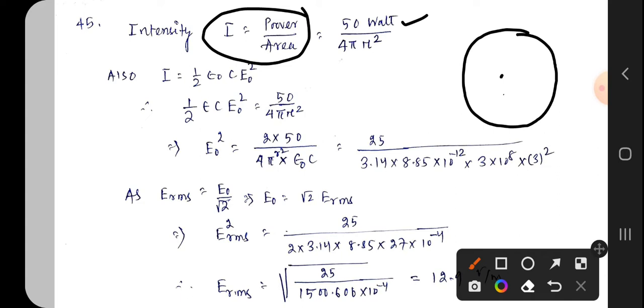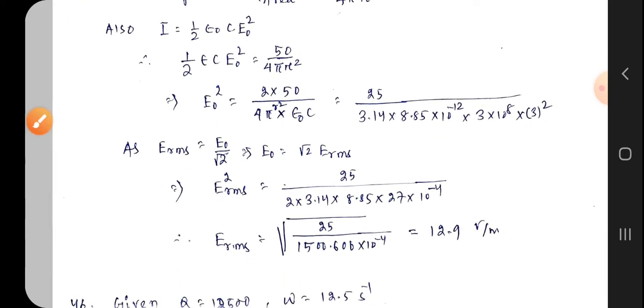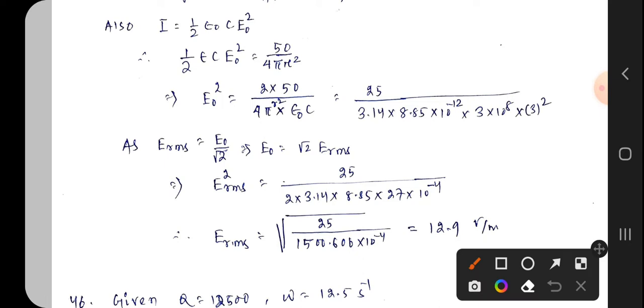What will be the electric field if we observe the light at a distance of 3 meters from its center? We know intensity I equals half epsilon naught c E square. So half epsilon naught c E square equals the power per unit area, that is 50 by 4 pi r square. So I am just solving this one.